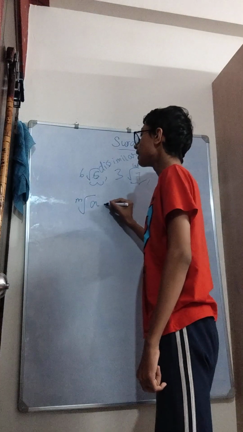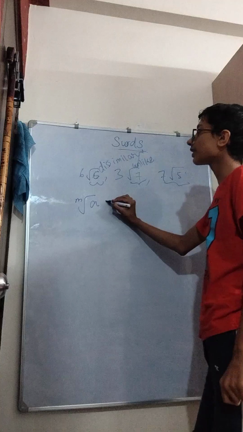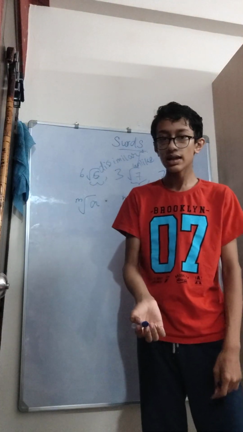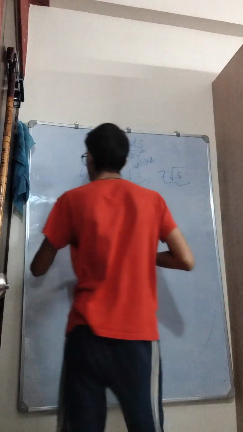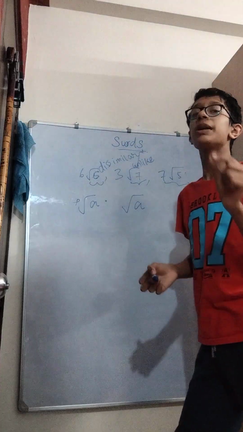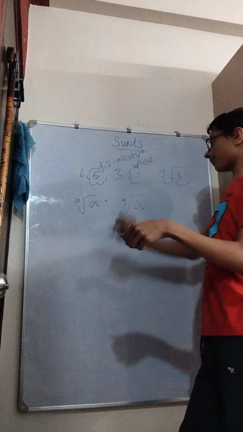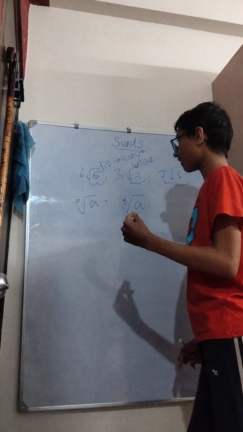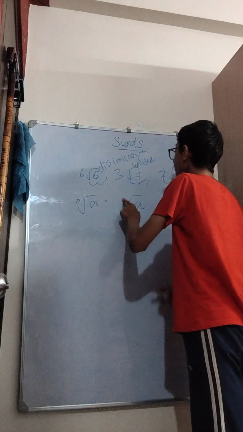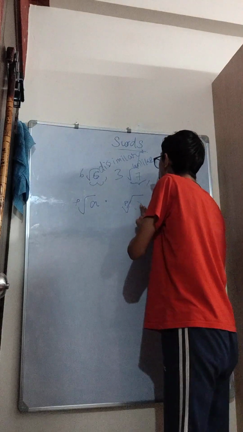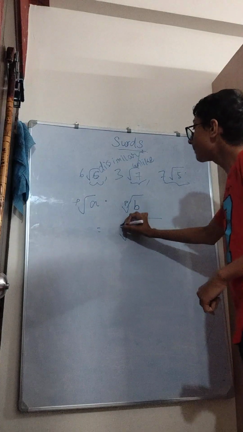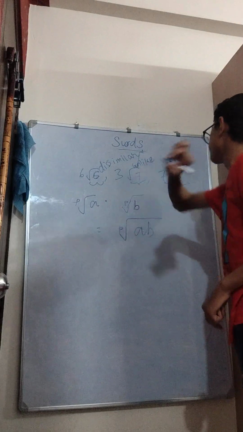If you don't understand the difference, I'll write the pth root of A and the pth root of B. The pth root of A into the pth root of B is equal to the pth root of A into B.